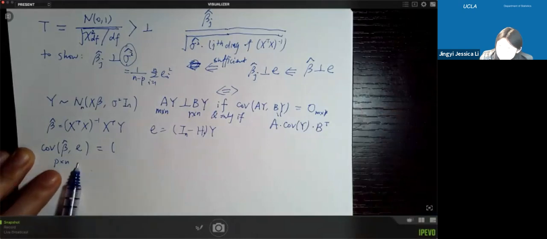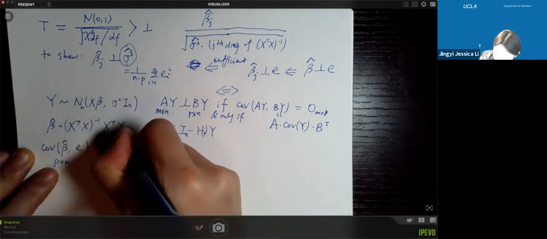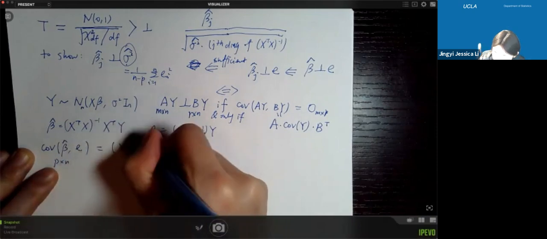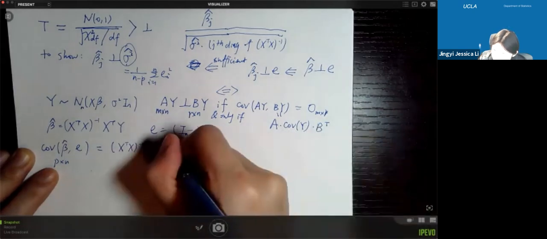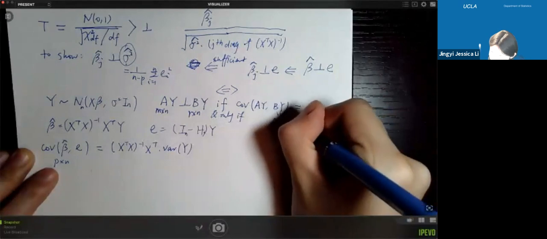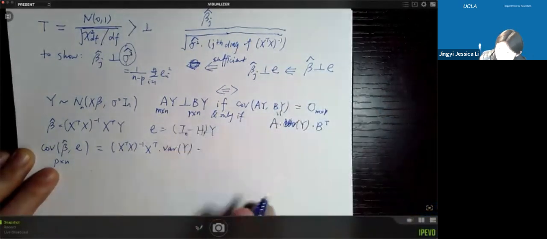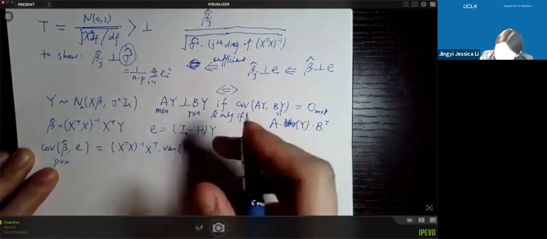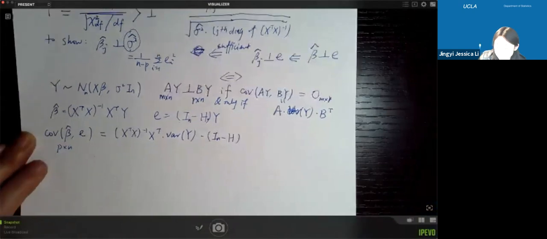So A is X transpose X inverse X transpose, and then the variance of Y, and B transpose itself, I_n minus H, because of the symmetric property.